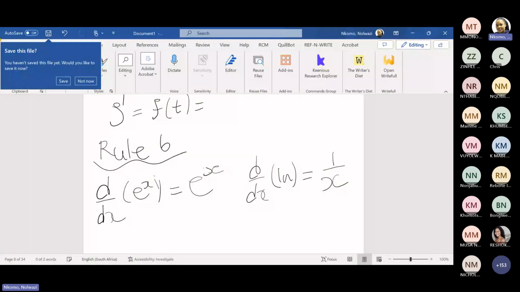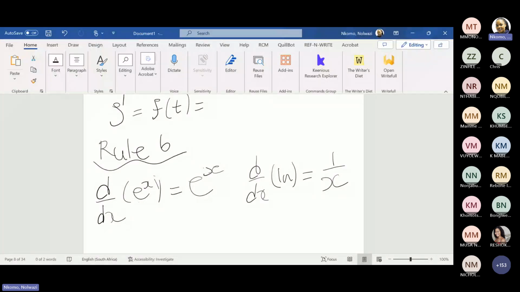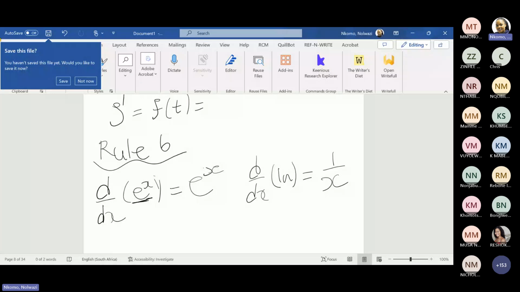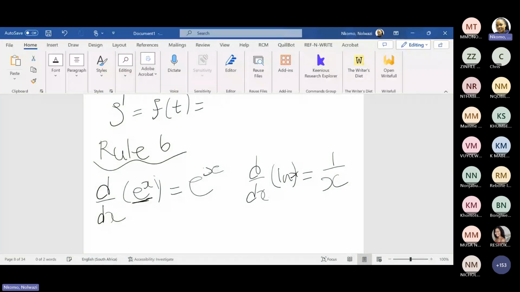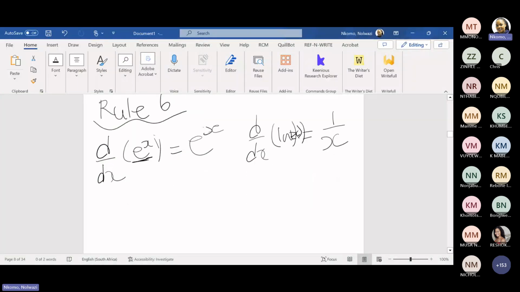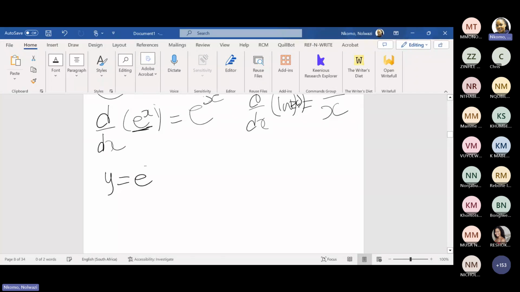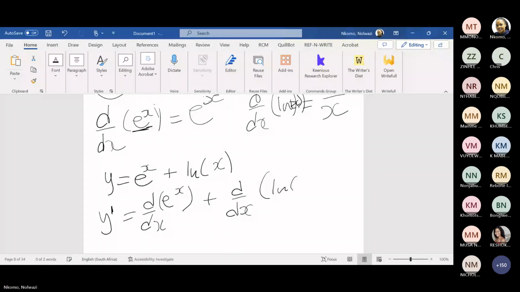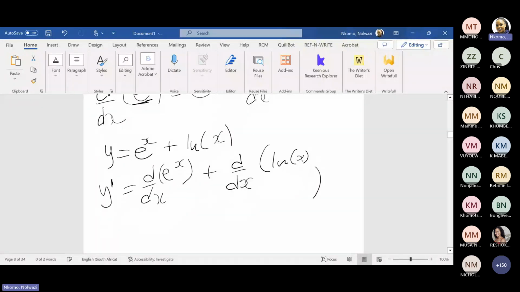I forgot to put x here. But if you are differentiating ln x, you'll have 1 over x. Say we are given y equals e^x plus ln x, and we are asked to find y prime. This would be d over dx of e^x plus d over dx of ln x, right?